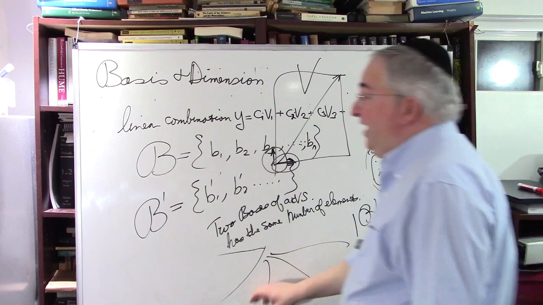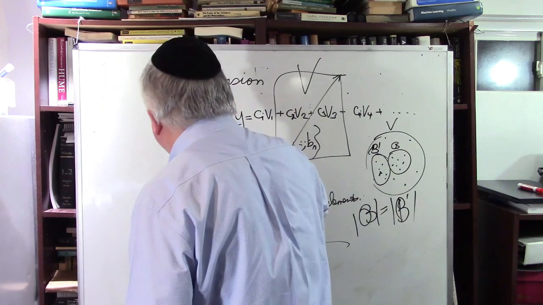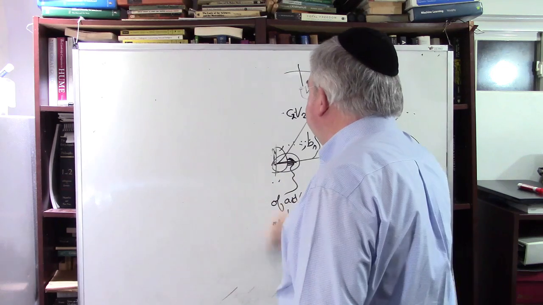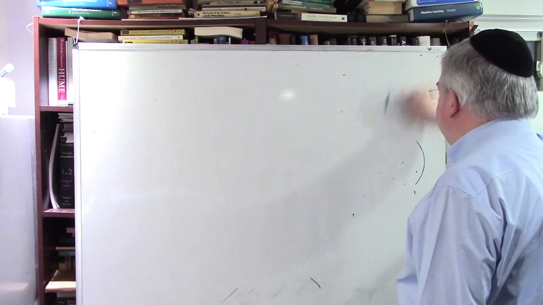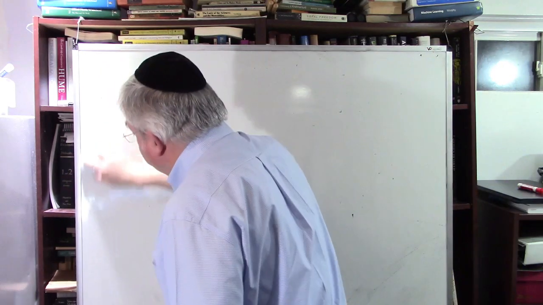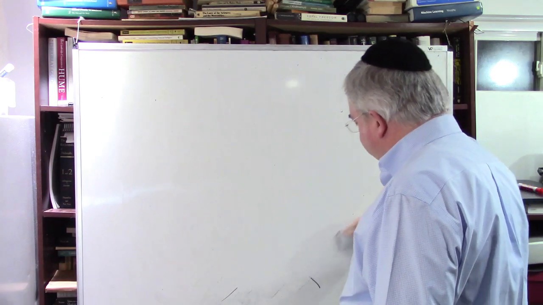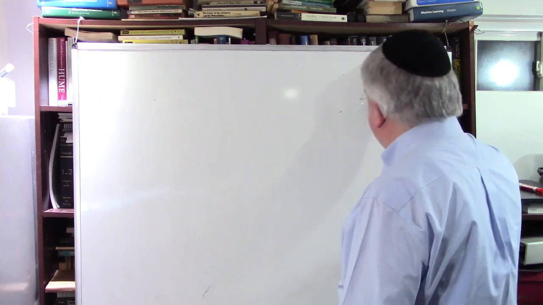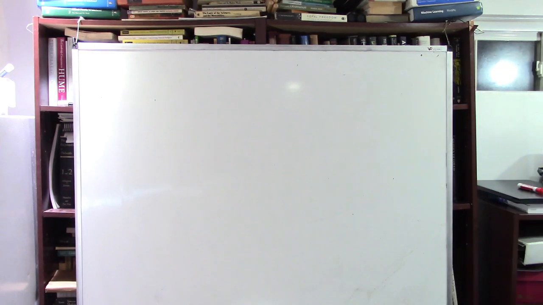We need some examples of these bases, and we need to see what their dimensions are. Let's go through our examples of vector spaces and see what type of bases they have. We're going to deal with very simple bases, but later on, there are always more complicated bases.